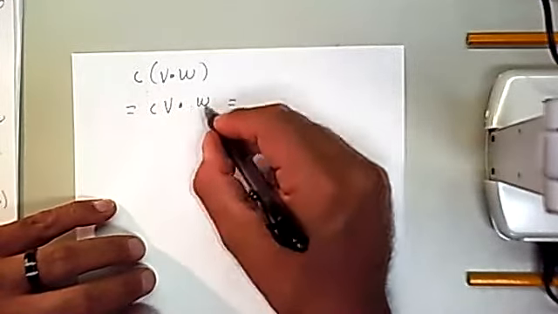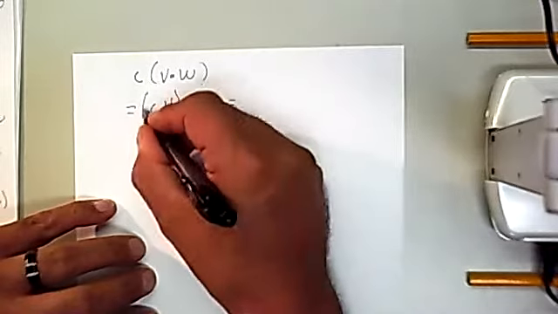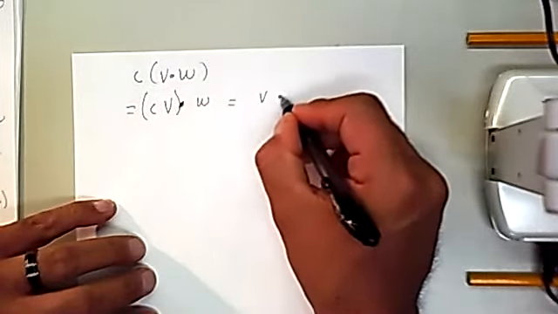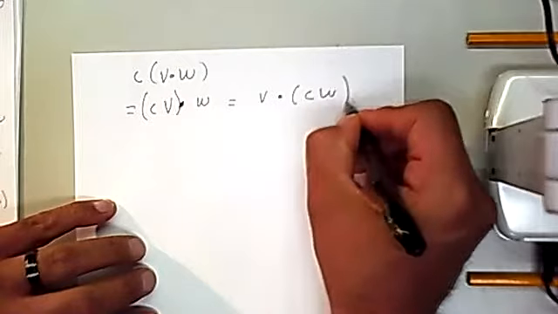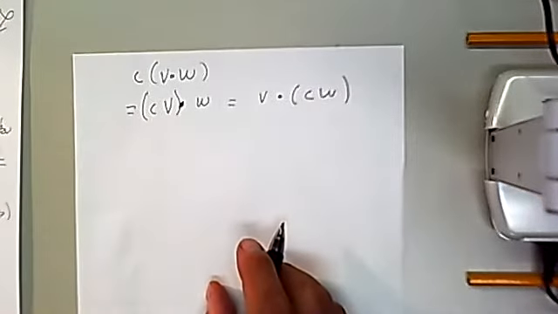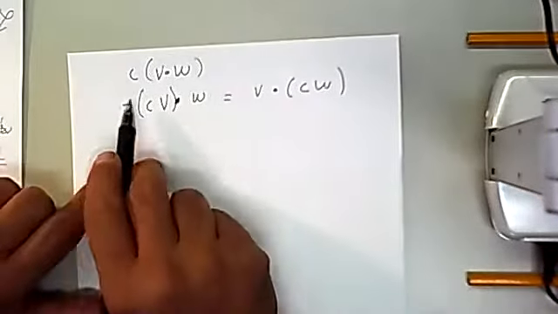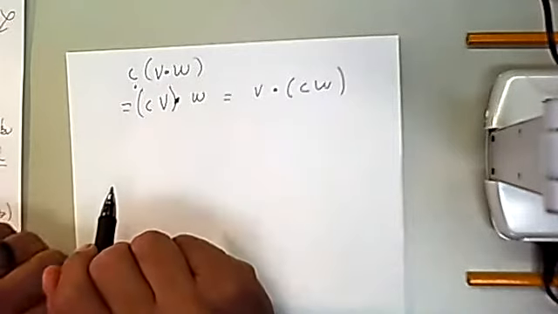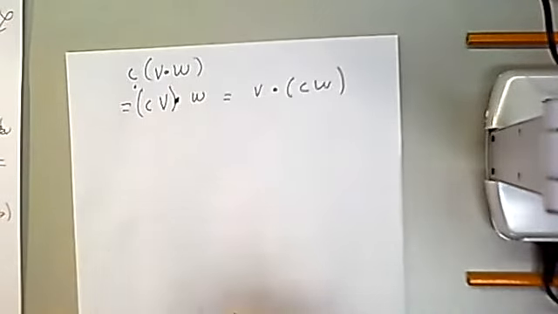So CV dot W, the dot product of those two, or V dotted with CW. As long as we apply the scalar once, we are good.